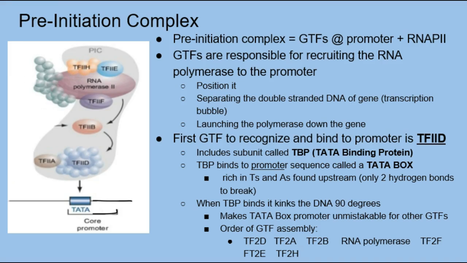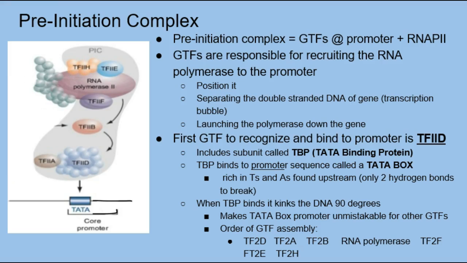The pre-initiation complex is formed of the GTFs at the promoter site with RNA polymerase 2. GTFs are responsible for recruiting the RNA polymerase to the promoter. They position it, they separate the double-stranded DNA of the gene that is targeted, and launch RNA polymerase down the targeted gene.